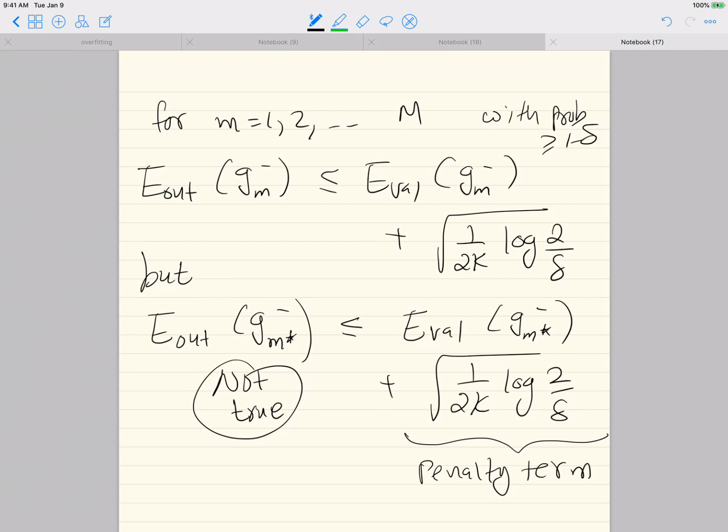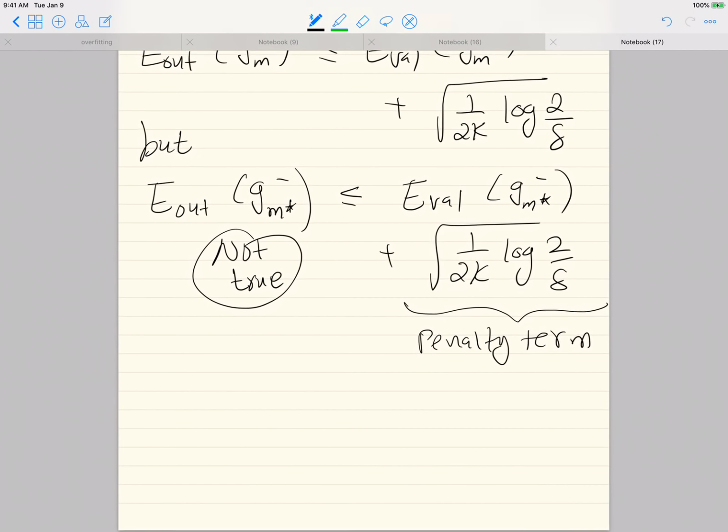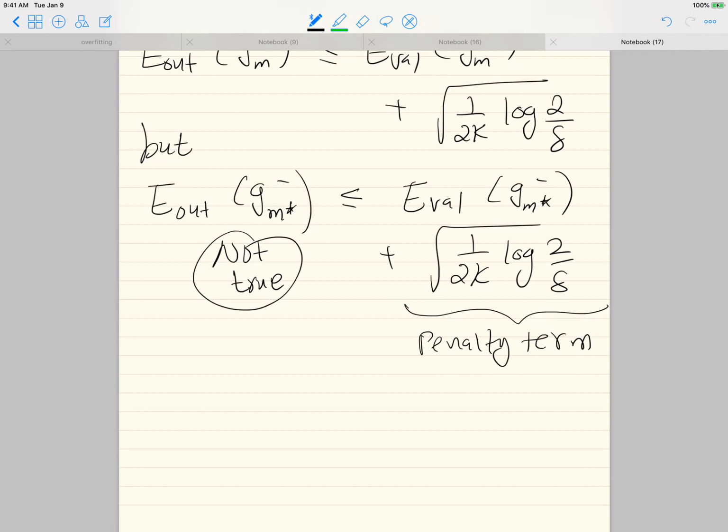Do we use union bound? Okay, we are getting there. How would we use the union bound? So it will be either one of them. So we use the same analogy which we did. That's right. What happens now is that Gm star belongs to the set G, which is G1 minus, G2 minus, up to Gm minus. Gm star is an element in this set.